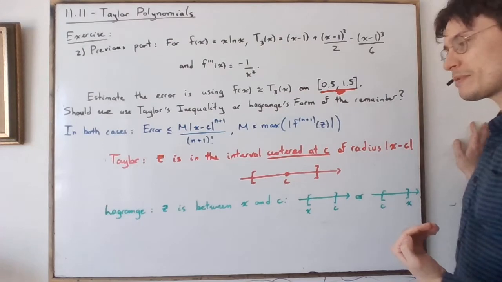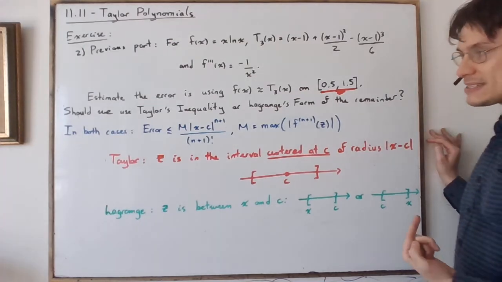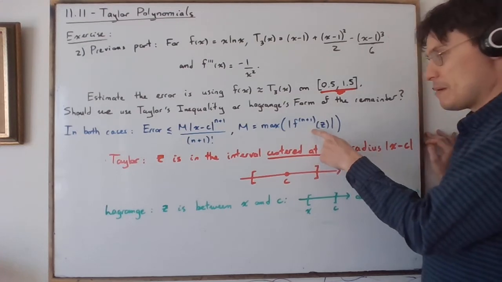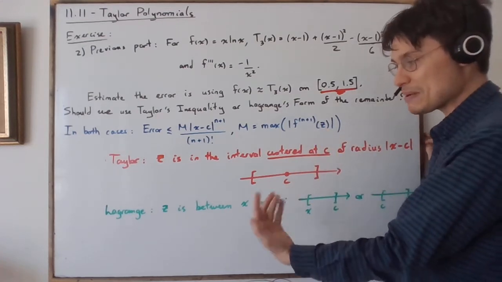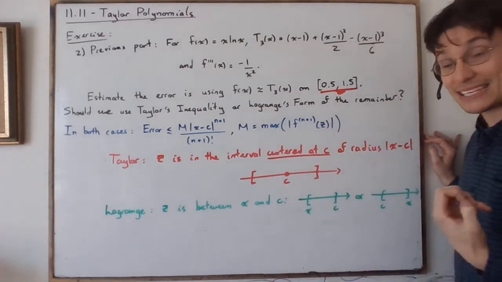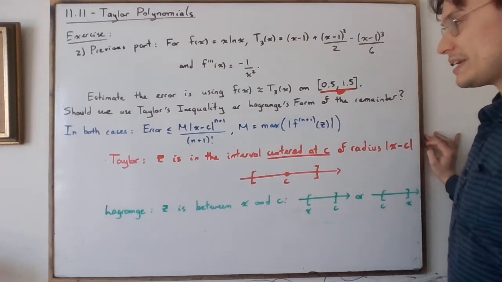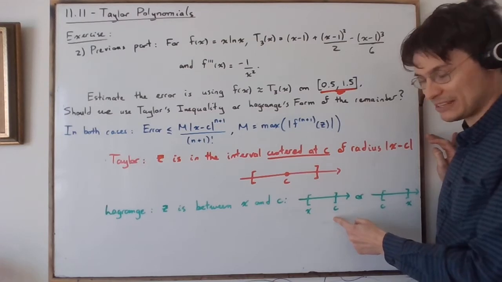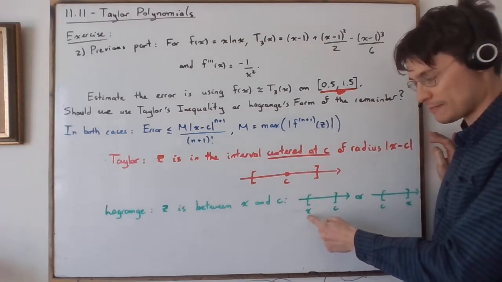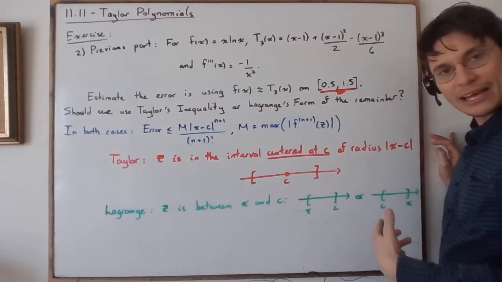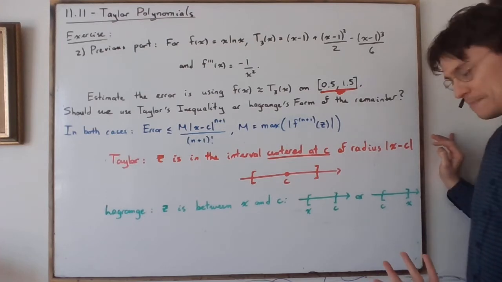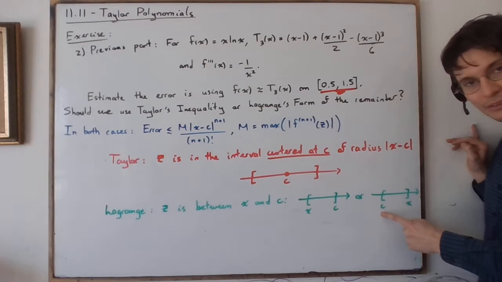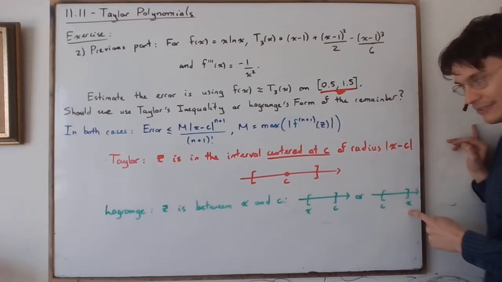For Lagrange's form of the remainder, the error is computed the exact same way, but z is simply a value that is between x and c. So if x is below c, you only count half of the interval, the values between x and c. And if x is after c, same thing: you only count the part of the interval that is after c.